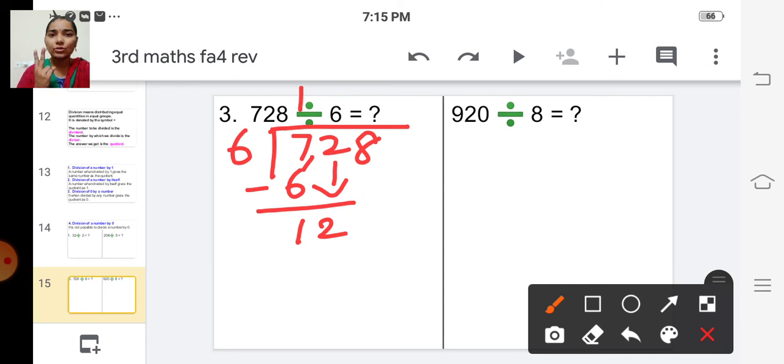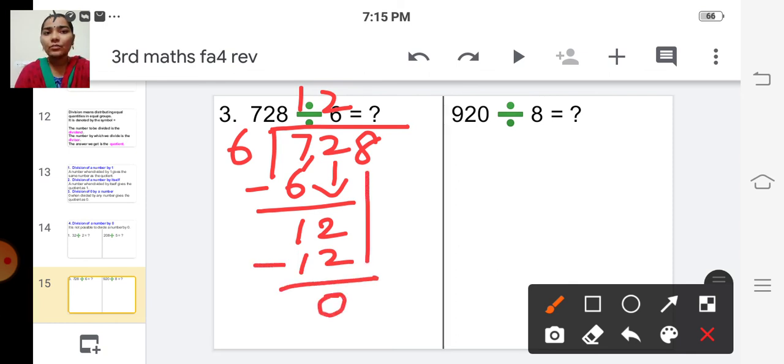Exactly 2 times. 6 twos are 12, and subtract, we get 0. Now bring down this 8 here. How many times? Only one time. 6 ones are 6. Subtract, 8 minus 6 is 2.